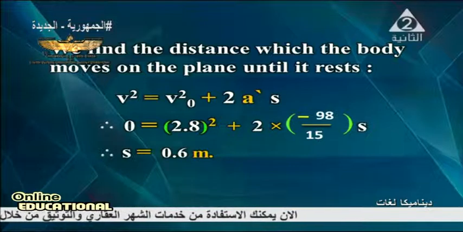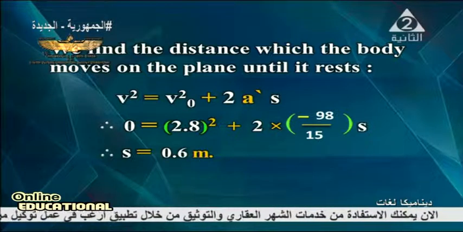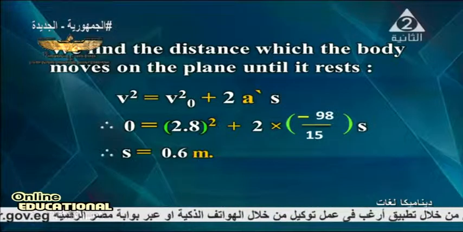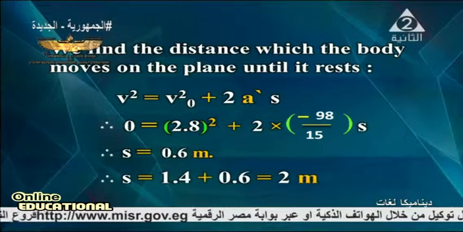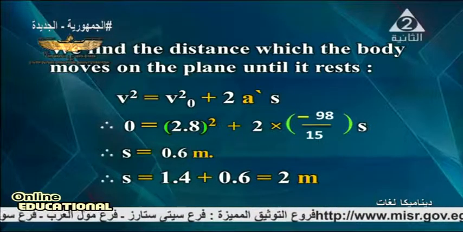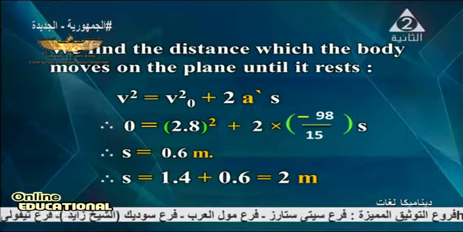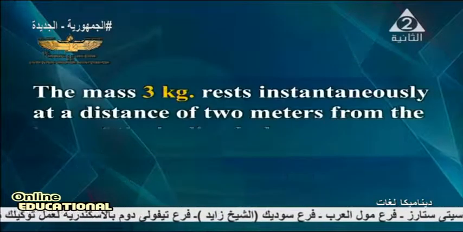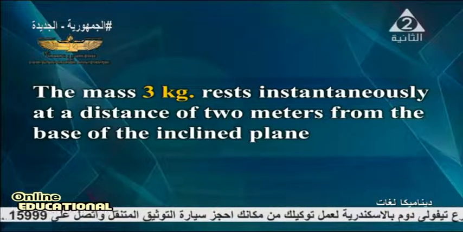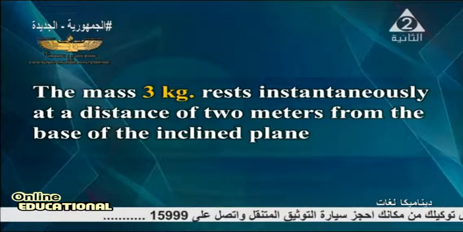Now, what is the total distance the body traveled? S equals the total distance 1.4 plus 0.6 equals 2 meters. Then the mass 3 kilogram comes to rest at a distance of 2 meters from the base of the inclined plane.